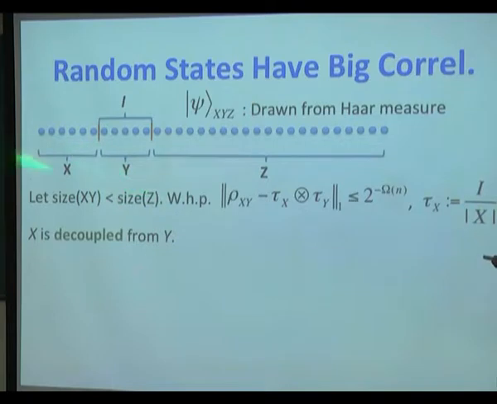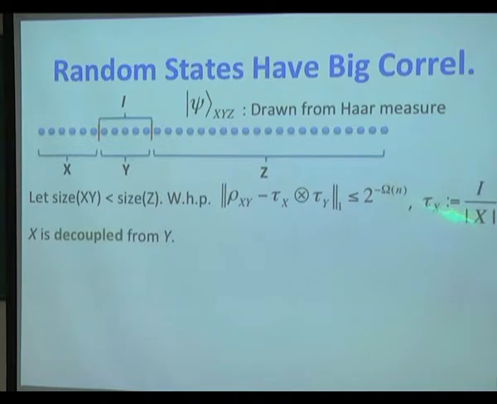So suppose now that the size of x combined with y is smaller than the size of z. Okay, so now z is very big. Now what I showed you last lecture, just using that the entropy of this is very big, and Pinsker inequality, is that actually the state rho xy is very close to the maximally mixed state.